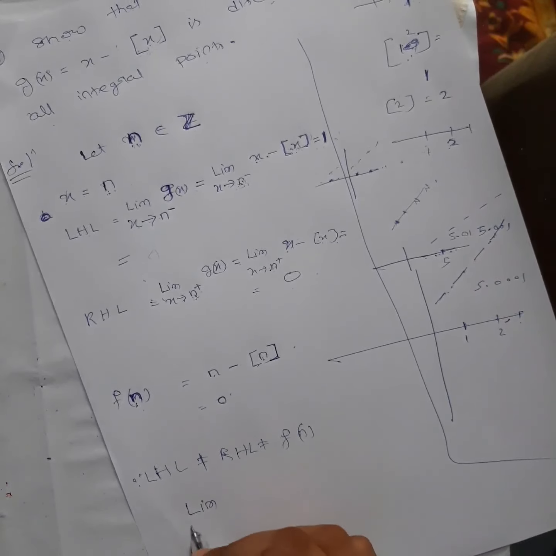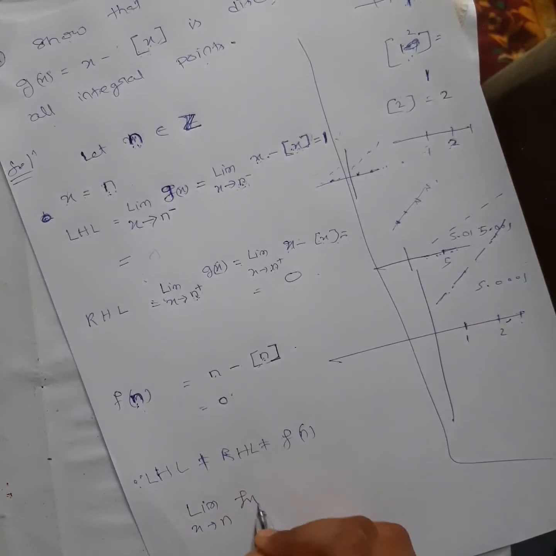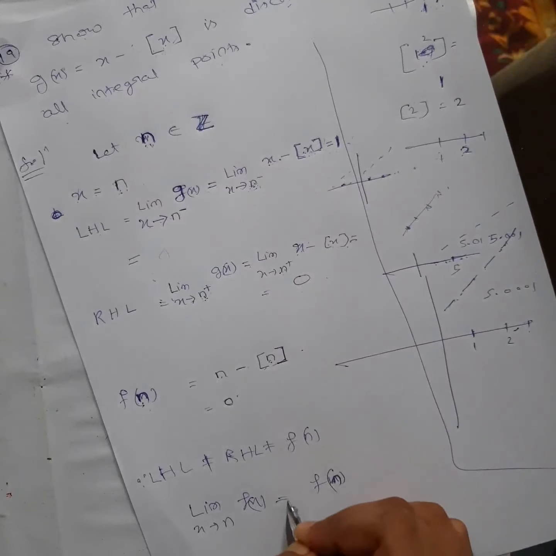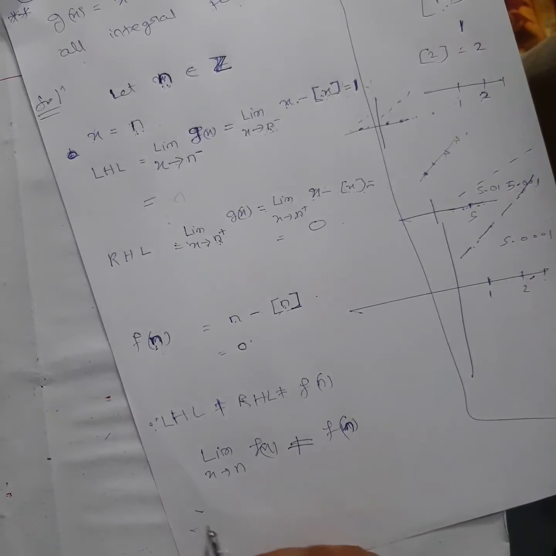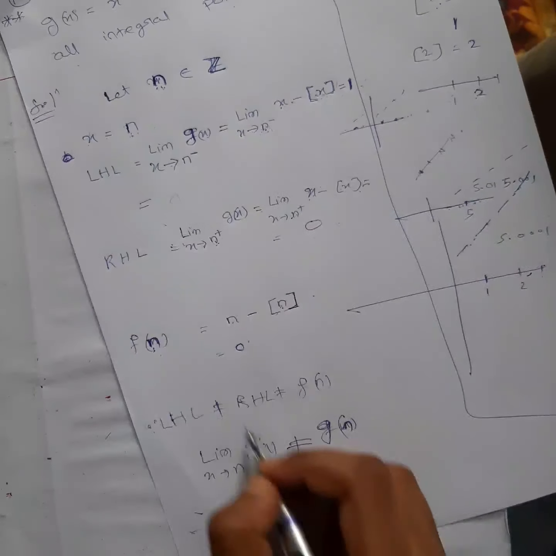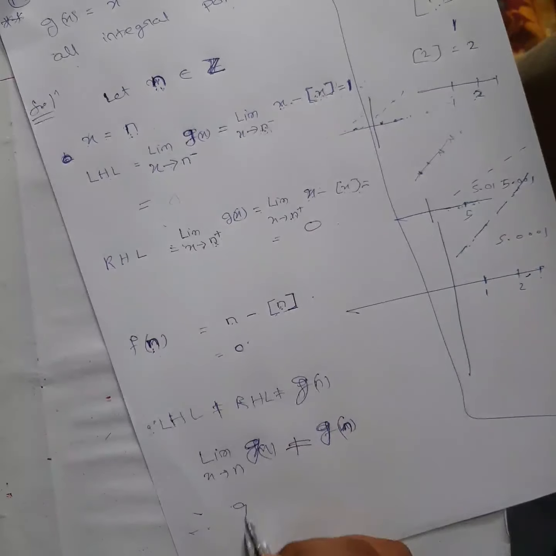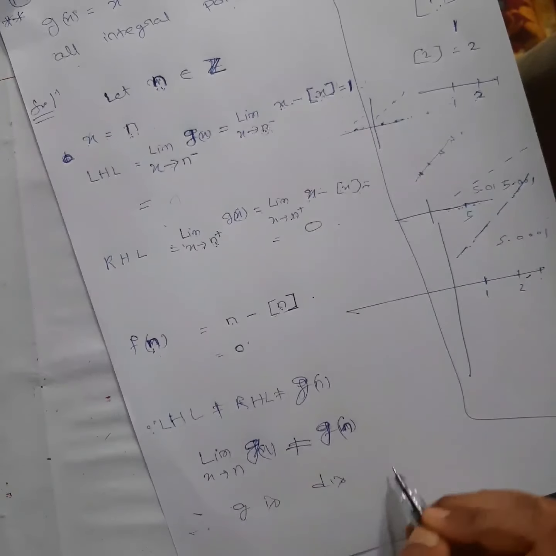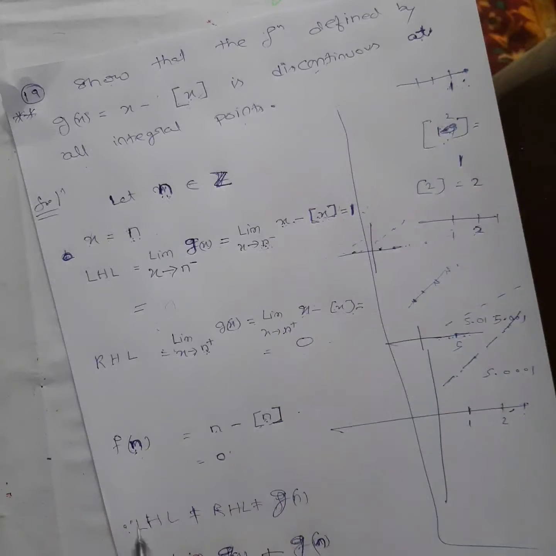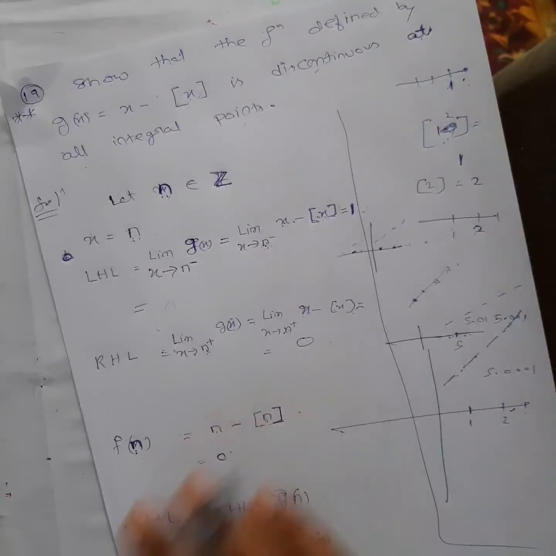Simply I will write like this: limit x tends to n, g of x is not equal to g of n. Therefore g is discontinuous at all integral values. So you see this video, try to understand this question, and if you have any doubt you can ask me. Okay.